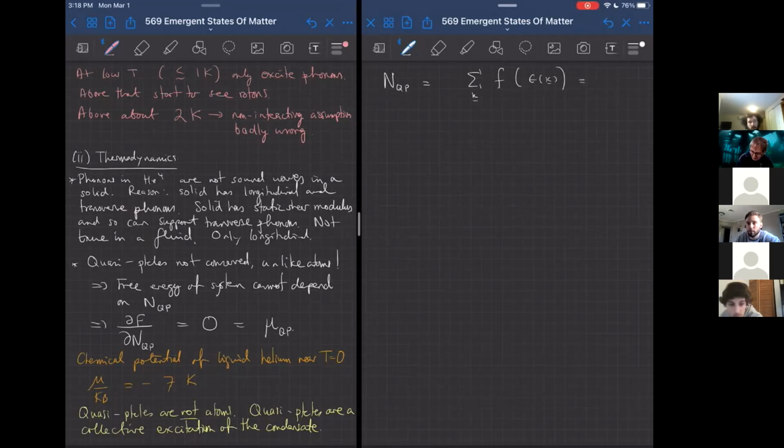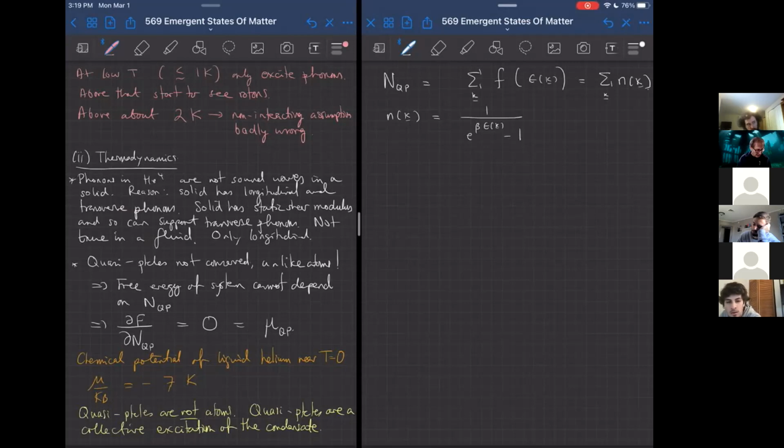And this is writing down the sum of n(k), where n(k), the number of quasi-particles at any given wave number, is just 1 over e to the beta epsilon(k) minus 1, just like that.